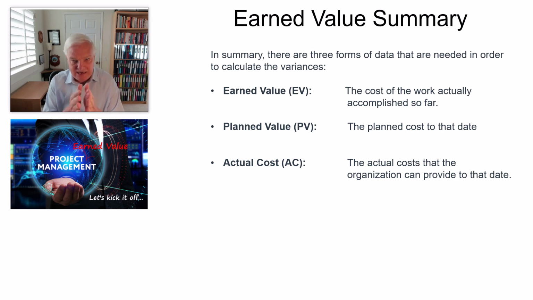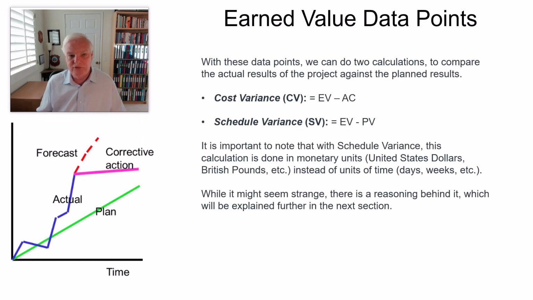So the EV that we're pulling at that point in time, we're going to get a PV, which is the planned cost of what it should have been, and then we're going to get an AC, which is the actual cost that the organization can provide at that date. That means I should be able to understand from a cost standpoint, am I on plan? Am I over budget? Am I under budget based on the plan versus my actuals at this point in time? Those are the characteristics for the cost variance.